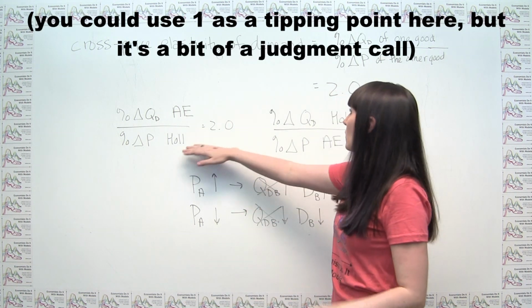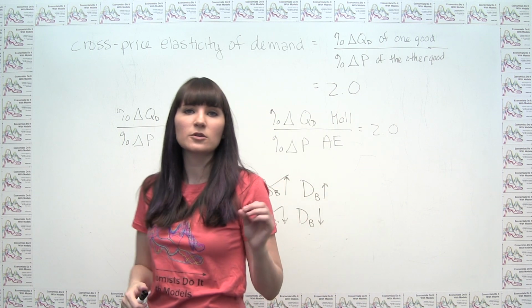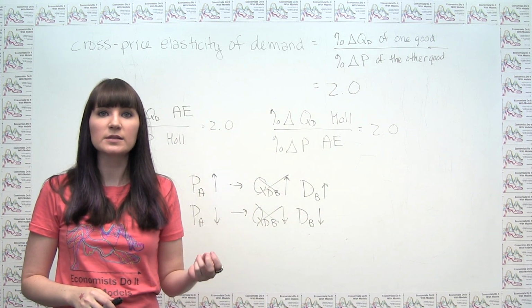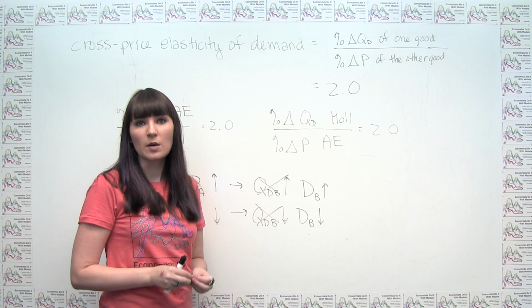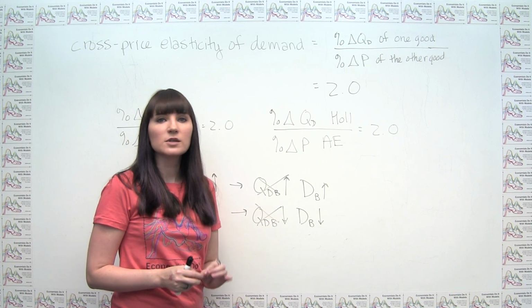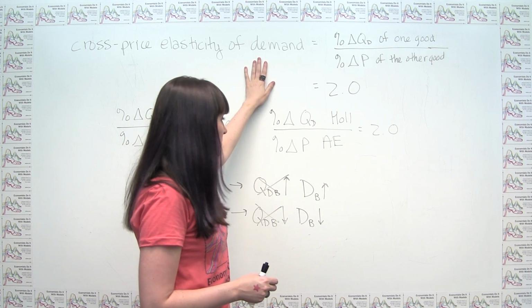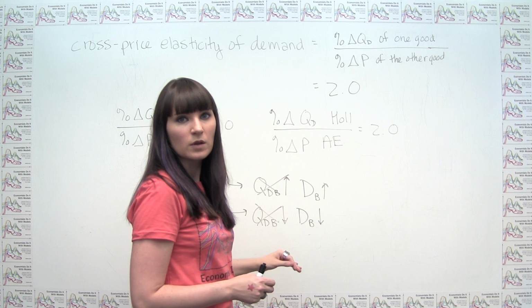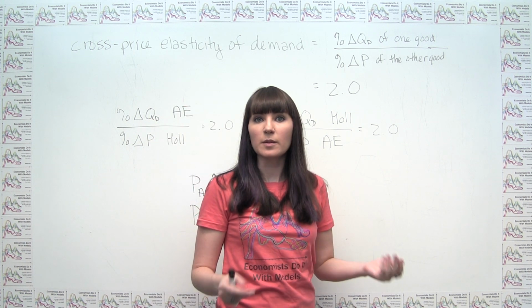But nonetheless, what we're learning here is that you can use the sign on cross-price elasticity of demand to determine whether two goods are substitutes or complements. If two goods have a positive cross-price elasticity of demand, they're substitutes. And if they have a negative cross-price elasticity of demand, then they're complements.